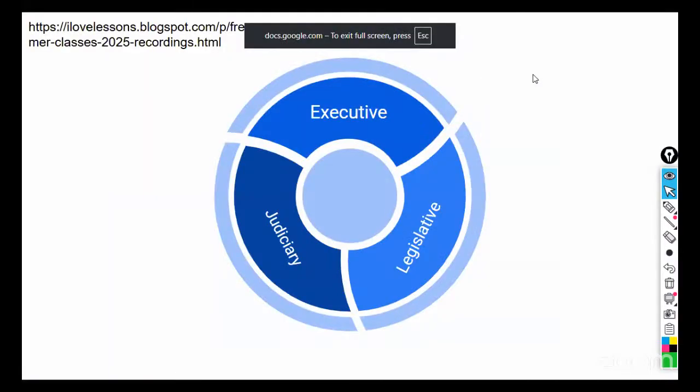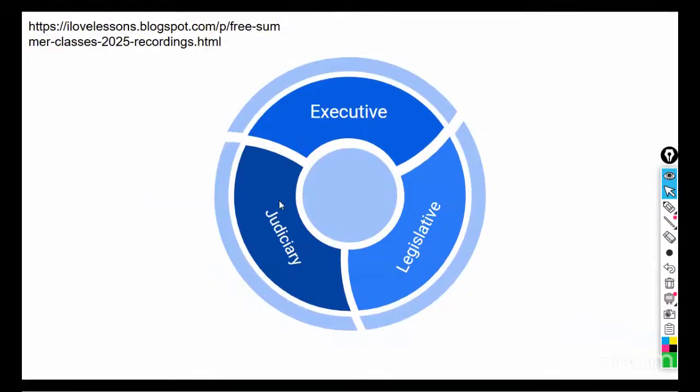All right, so this is one of those slides where you don't need to write anything yet, because this will come up just now. I just want to explain a concept. The government is made up of 3 general sections or branches.